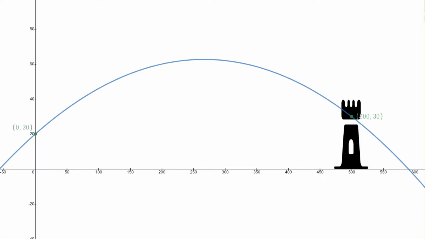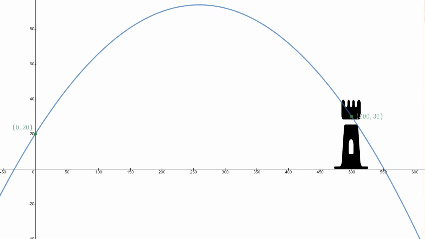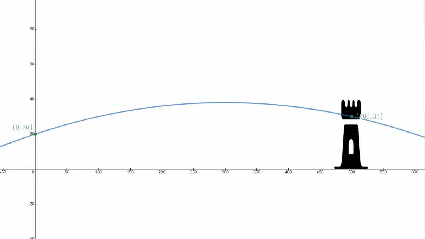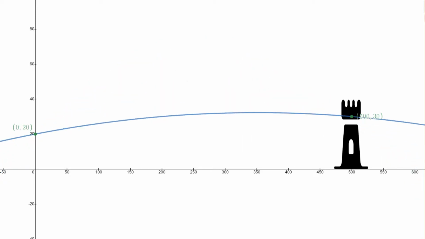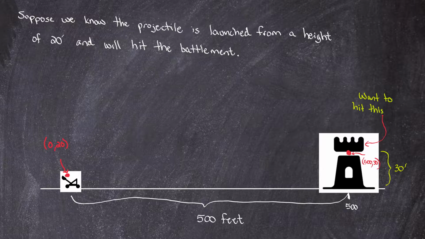Now, if I stopped here, this means that we'd only have 2 points, (0, 20) and (500, 30). However, we know that unless one of those points is the vertex, we need a third point to uniquely define this parabola. Well, it turns out this castle is very well defended, and they have tall pine trees that we have to fire over to hit those battlements. Let's say that we must clear a 50-foot tall pine tree that is 100 feet away from the castle wall.